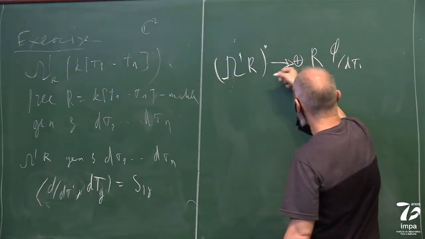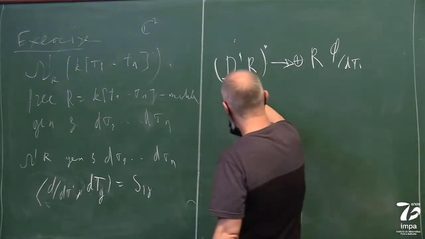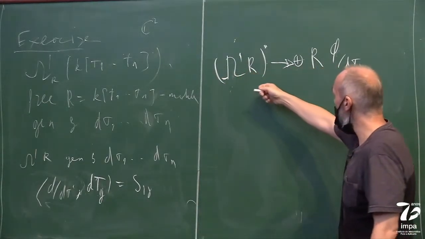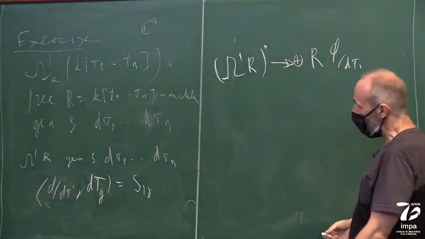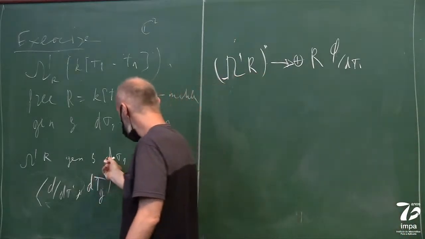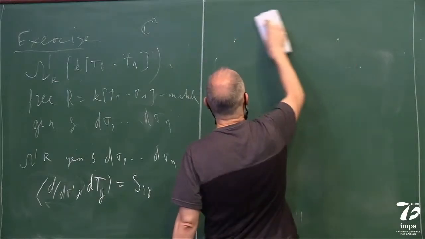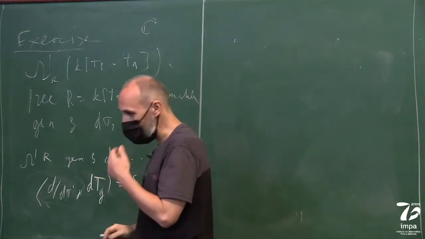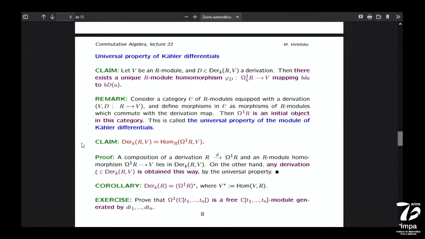And this is an isomorphism, this is surjective. For that to be surjective, this should be at least free. It can be even bigger, but it can be smaller than the one generated by dti. Okay. Well, I didn't tell you the whole story, but it's an exercise. You should finish it yourself.